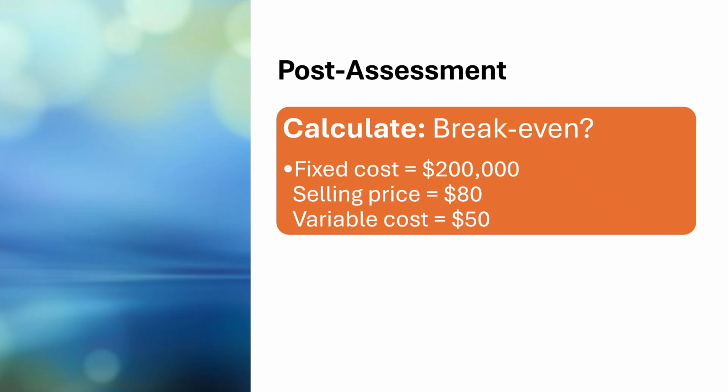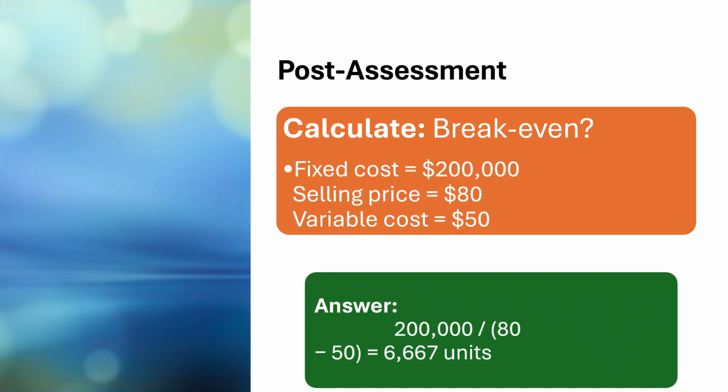To calculate the break-even quantity, that is nothing but the fixed cost divided by the difference of the selling price minus the variable cost. That is around 6,607 units. This contributes a margin of $30.